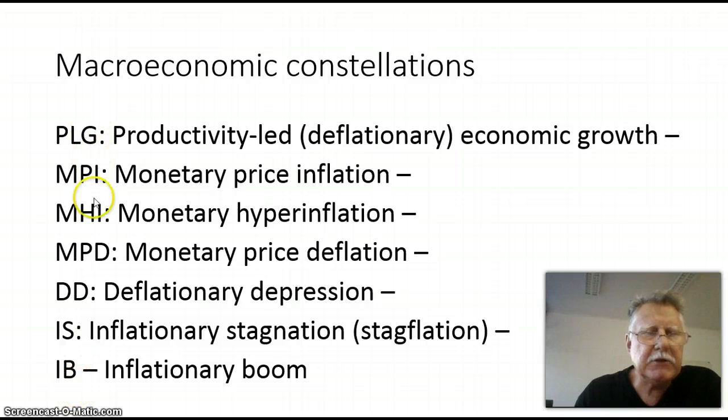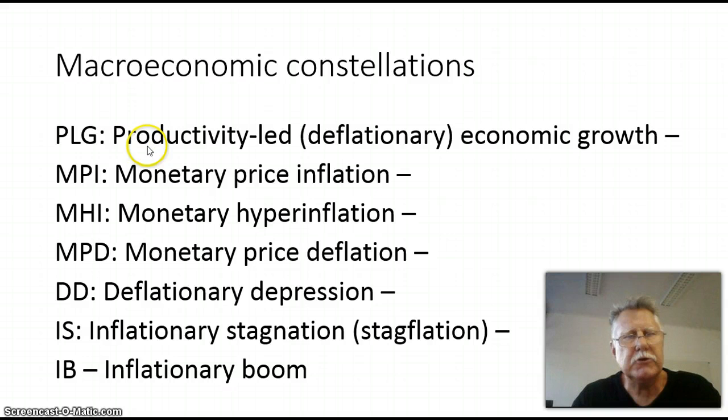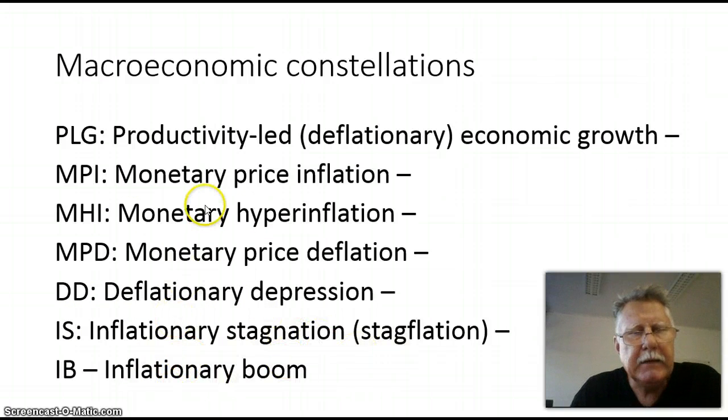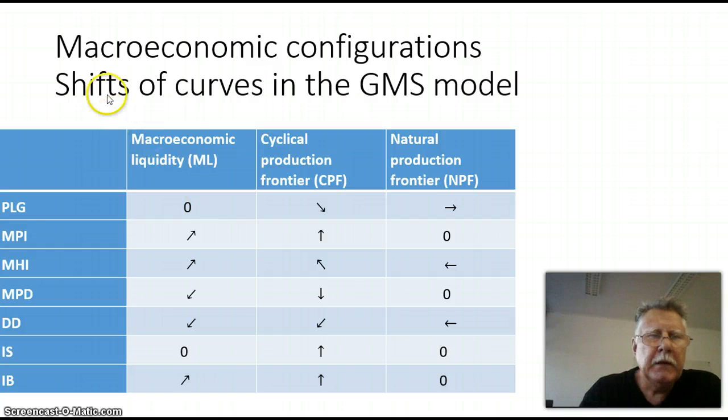Here is a selection of these macroeconomic constellations that we can model with the help of this approach: productivity-led deflationary economic growth, monetary price inflation, hyperinflation, deflation, deflationary depression, stagflation, and inflationary boom. Now here is one of these constellations, deflationary depression, for example.